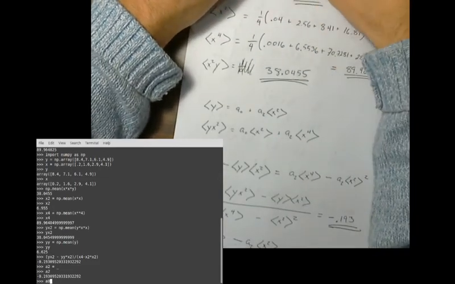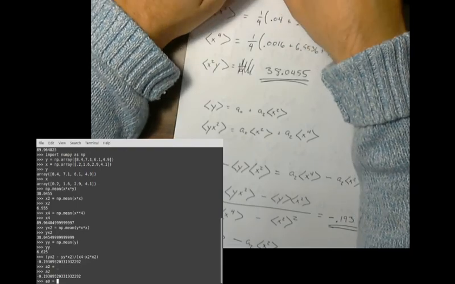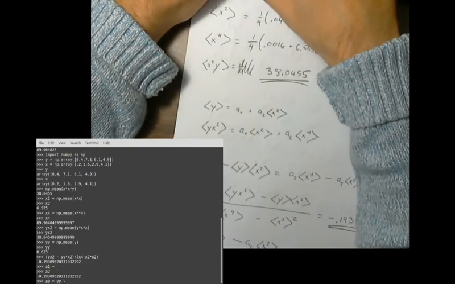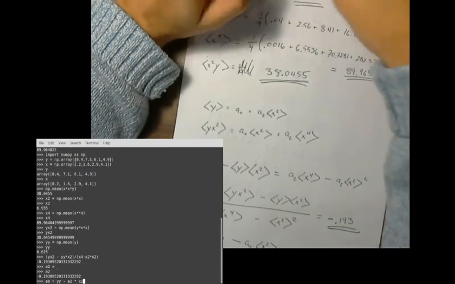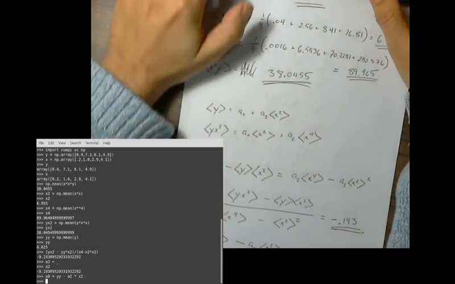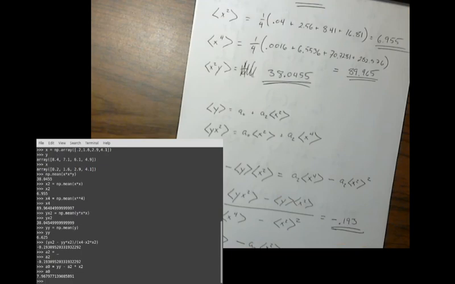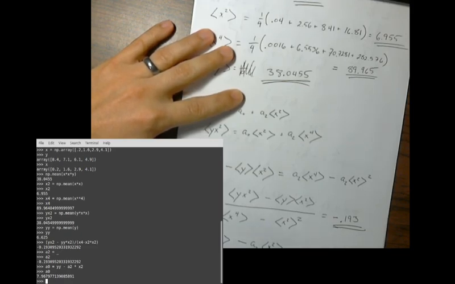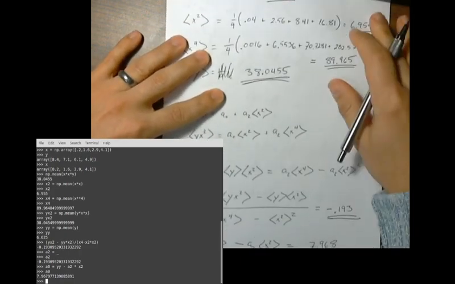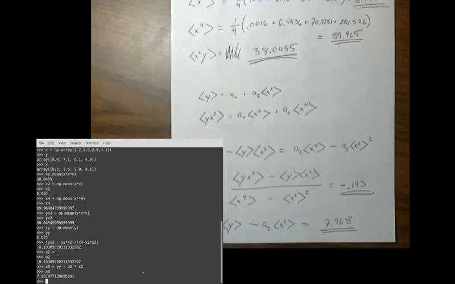All right, so a naught is my expected value for y minus a2 times expected value for x squared. And we're done. That's it. I've got all my coefficients.